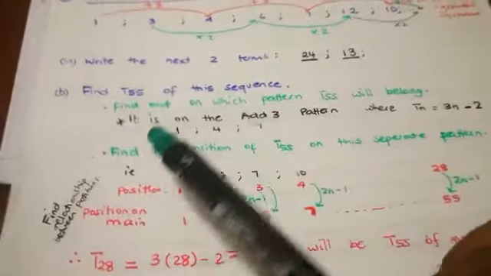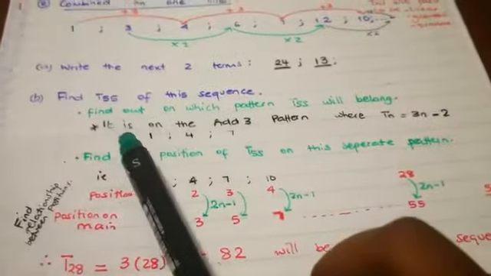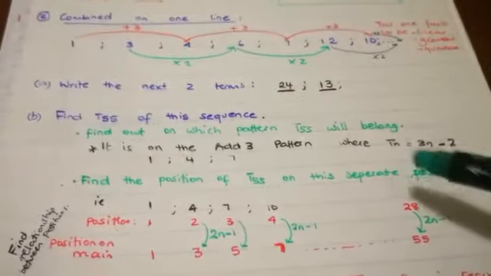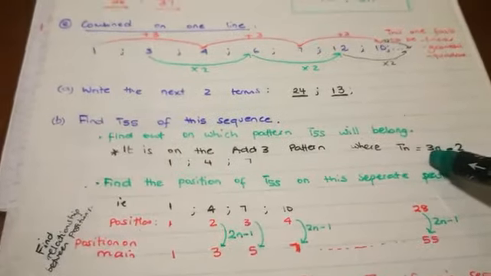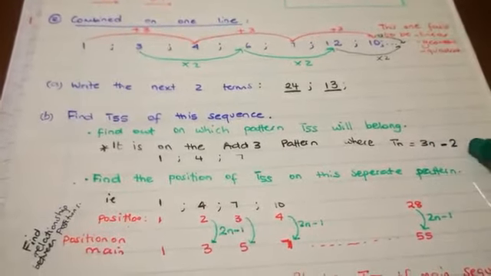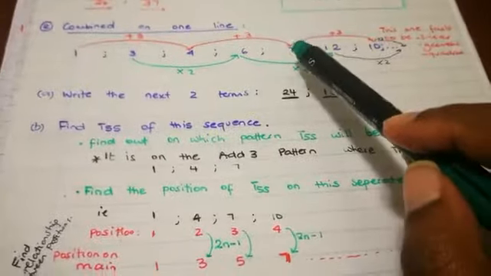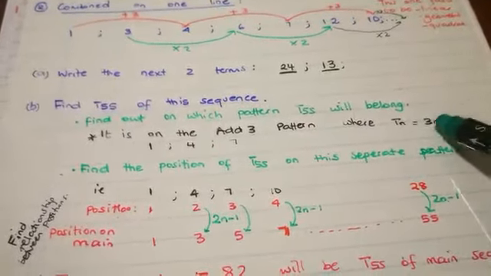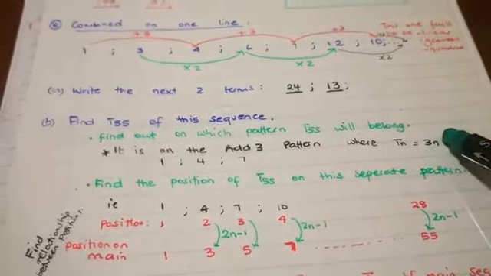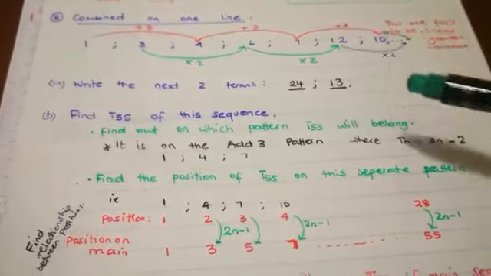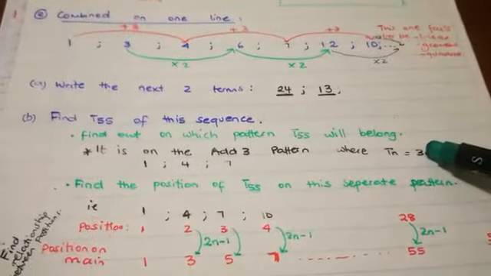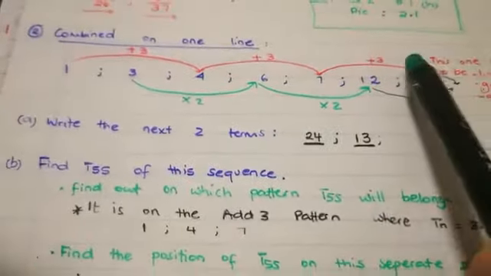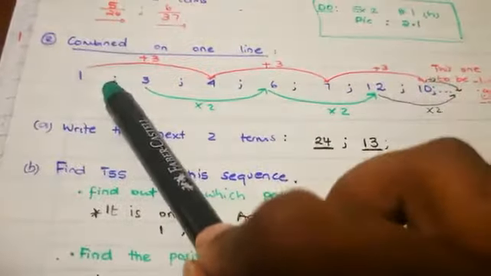So that's what I was saying here. It is on the plus 3 pattern, which is the red one, where Tn is equal to 3n minus 2. So the terms of this sequence will be generated by this, but the n has to be the correct position in that sequence. We cannot just put term 55 here, because term 55 of the main sequence is not term 55 of the red sequence.